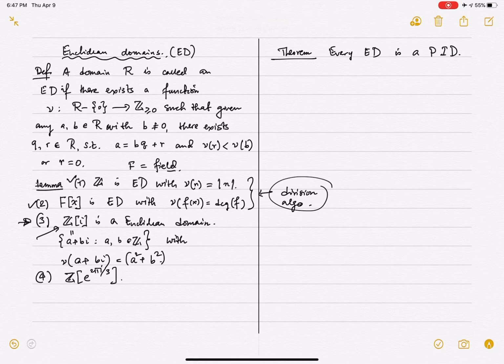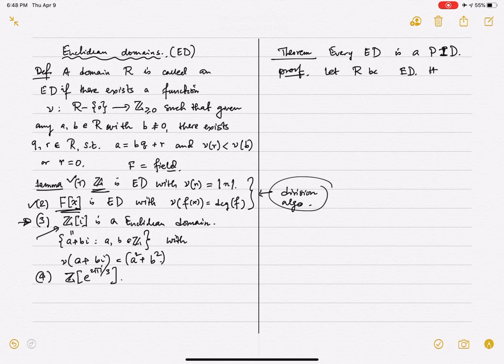And this is basically generalizing the proof of how you proved that Z is a PID and F[x] is a PID. If you look at those proofs, that really gives you a more general version. But I'll still write it out. So generalize the proof that works for these two cases, Z and F[x]. So let R be a Euclidean domain. So I have this function nu, right?